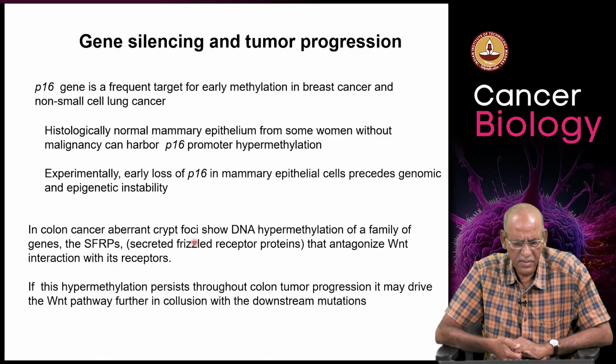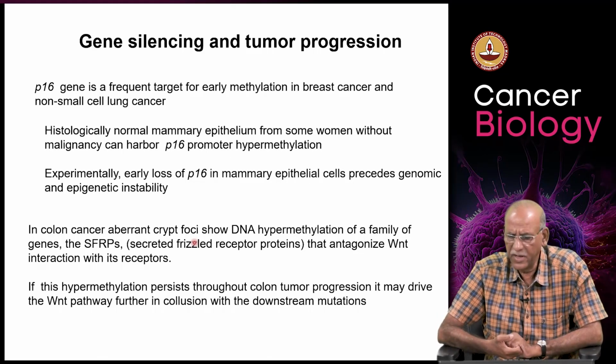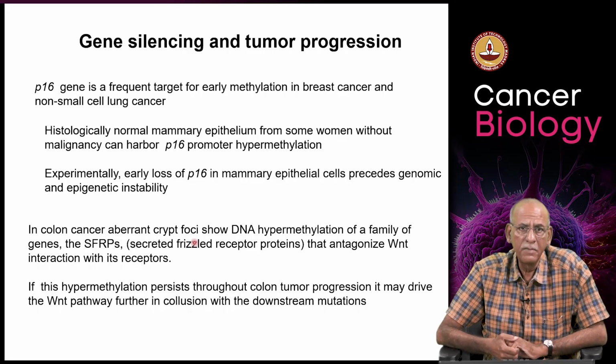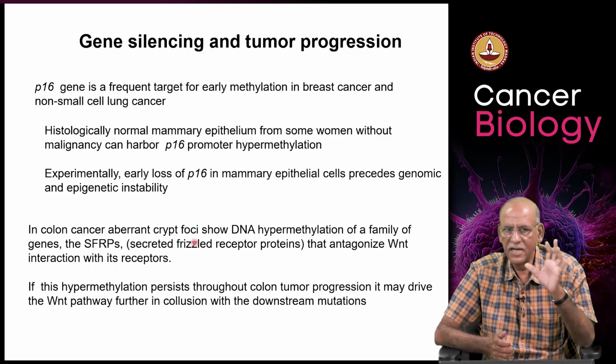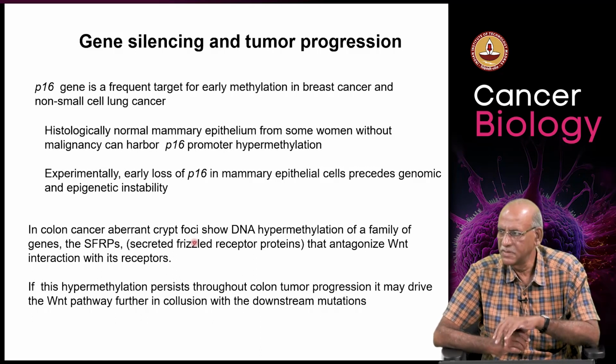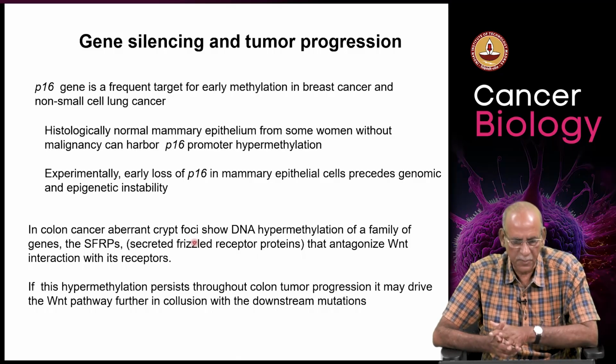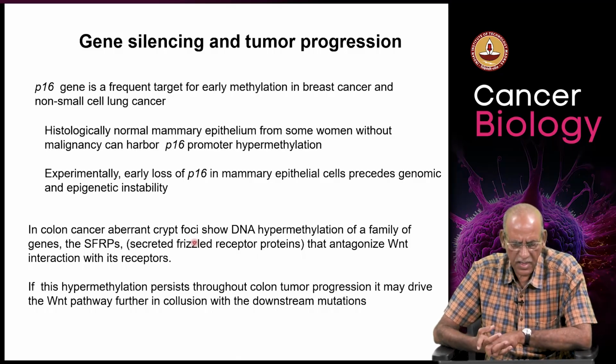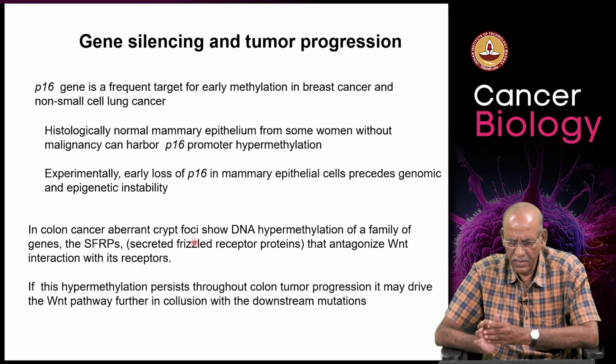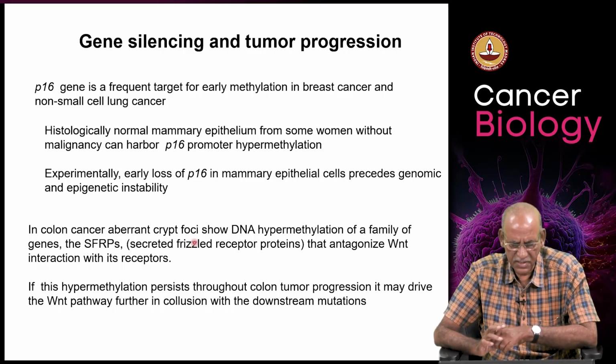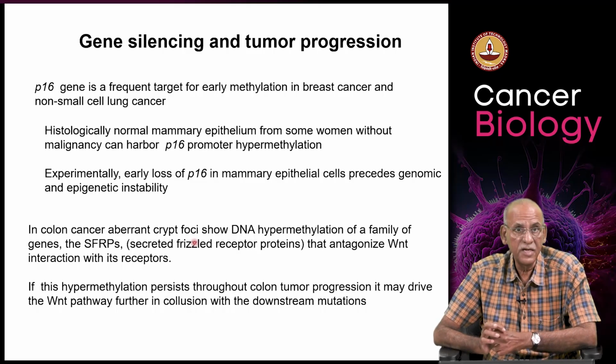One more example, the P16 gene is a frequent target for early methylation in breast cancer and non-small cell lung cancer. The previous slide I was just telling the general mechanisms. I am giving you some examples now. Histologically normal mammary epithelium without malignancy can harbor P16 promoter hypermethylation.